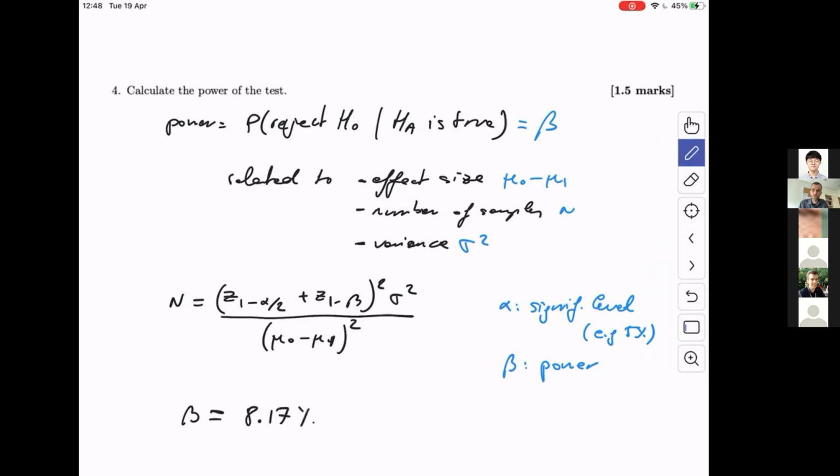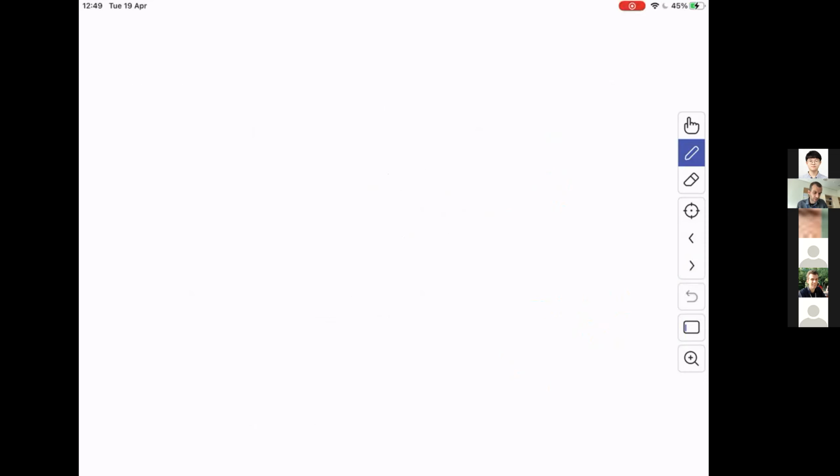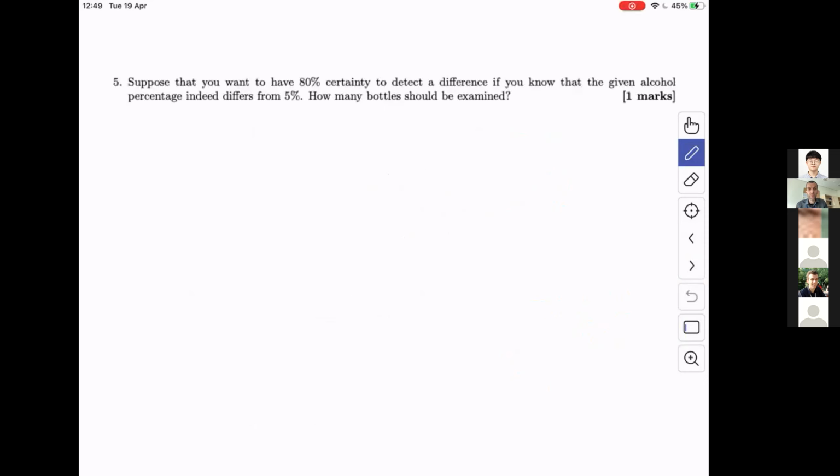And that should give you that your power is 8.17%. So very low power. So probability of rejecting the null hypothesis of only 8%. Probability of proving what you set out to prove of only 8% if the alternative is true. And then the last part is if you want to have 80% power, 80% certainty, how many samples do you need? So it's the same formula, but now you have to solve for n.